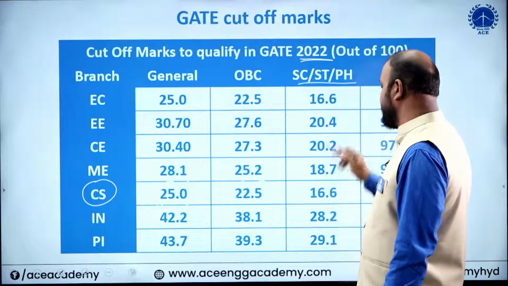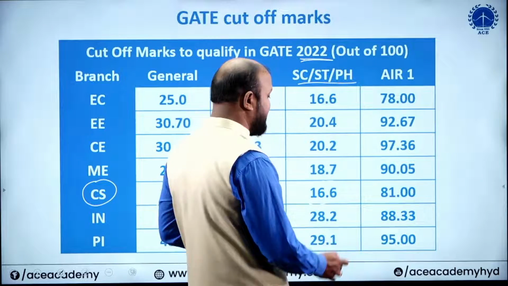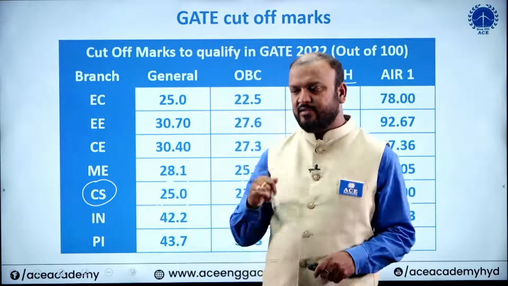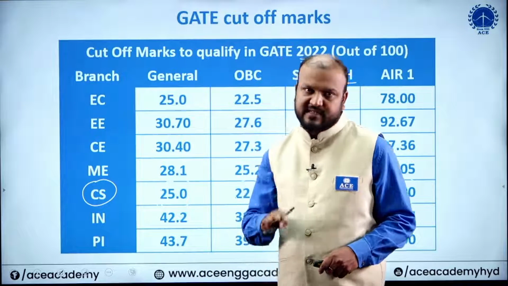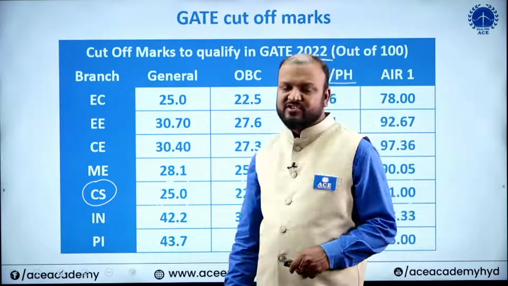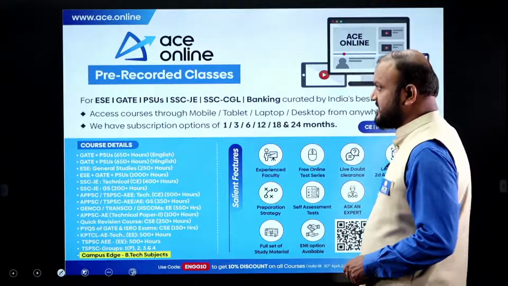If you are SC, ST, or physically handicapped, it is 16.6. And Air 1 got 81 marks this year. Air 1 got 81 marks. You can understand the toughness, the worth of the paper. So don't take it lightly. Be serious. Cracking the GATE examination is easy.